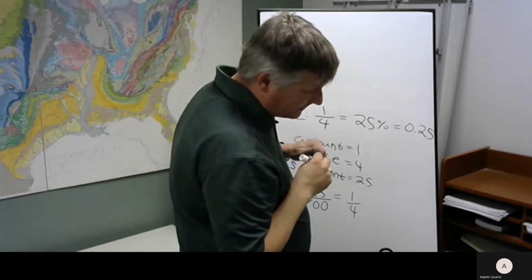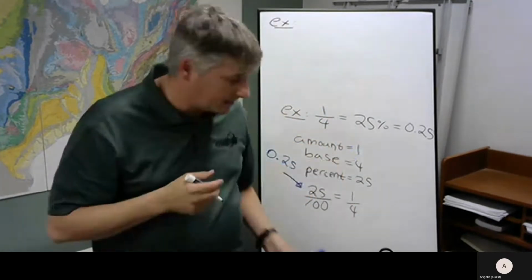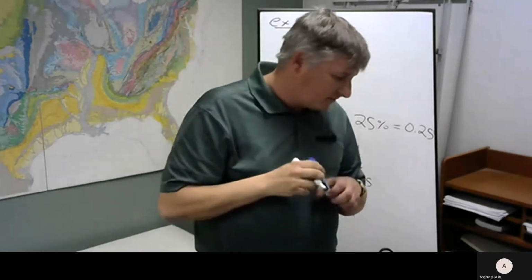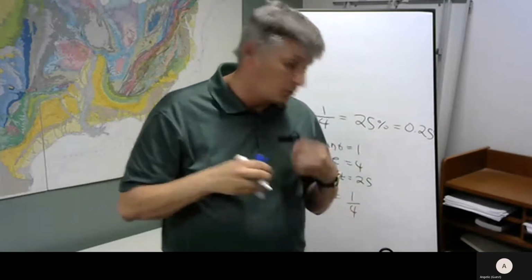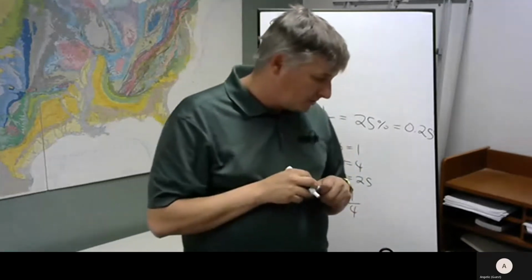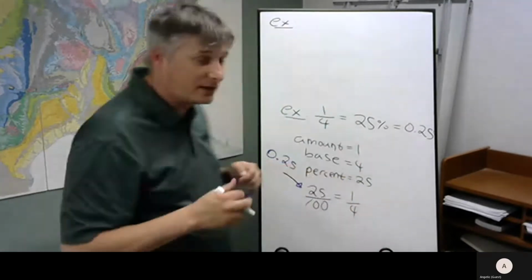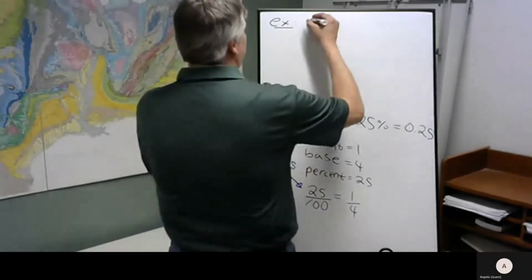So let's say the average size, I'm just using the examples from the text here, but the average size of a new single-family house in 2014 was 2,690 feet square.